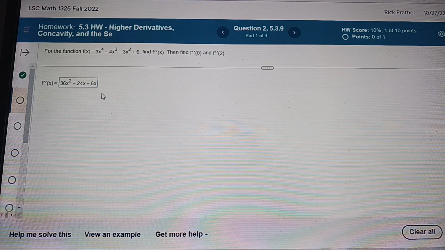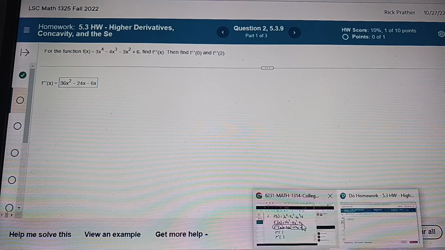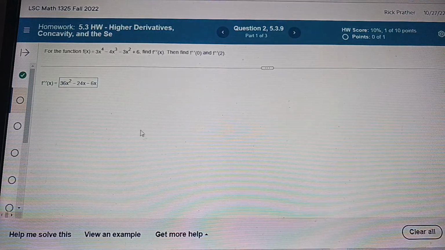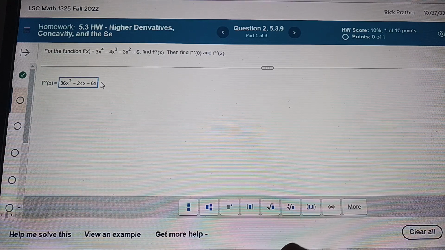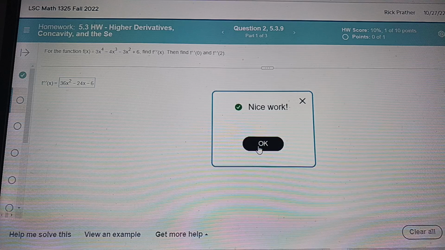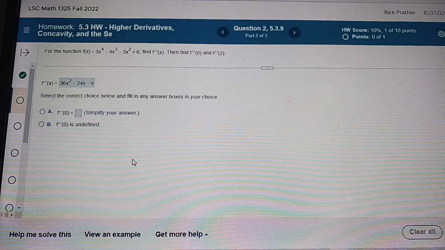Oh, wait, it is double prime. That's no x there. Yeah, that's what's wrong, is I was thinking it was negative 6x, but I was right. It's minus 6. Okay, so 36x squared minus 24x minus 6. See, that's a case where I had it right on the scratch paper, and then I typed it in wrong and then got confused what I was even doing.